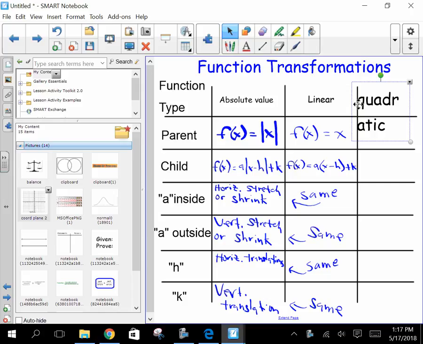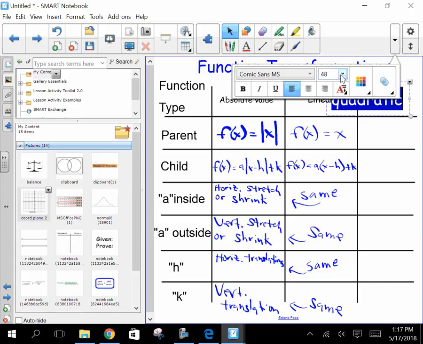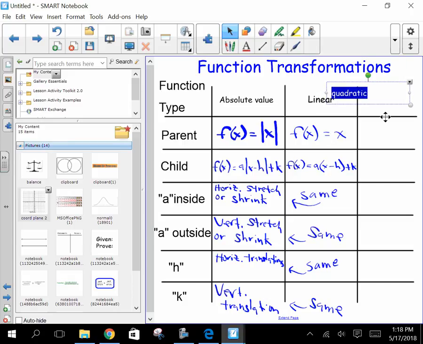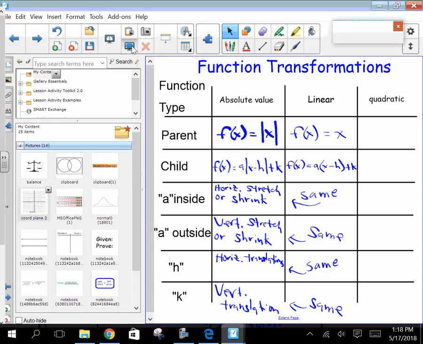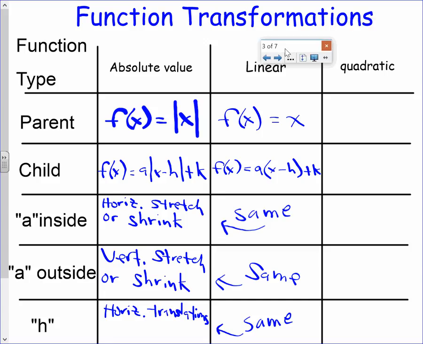Quadratic. So quadratic functions. Okay.